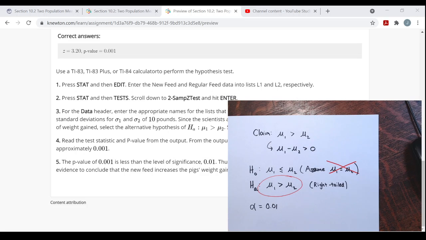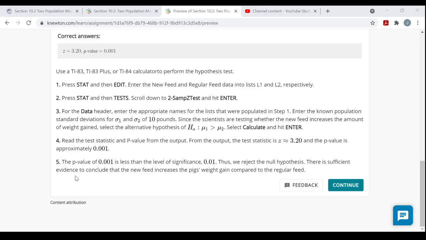You're supporting that statement because you're rejecting the null. So you'd say there's sufficient evidence to support the claim, or enough evidence to conclude that the new feed increases the pig's weight gain compared to the regular feed.